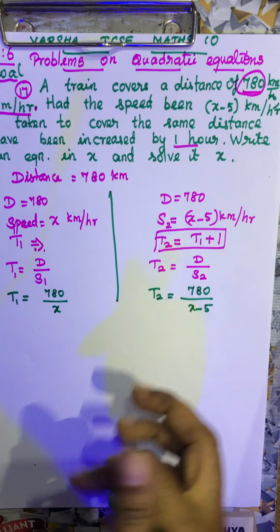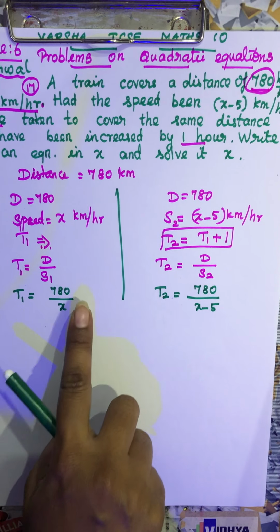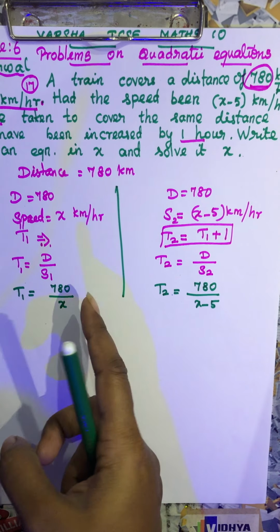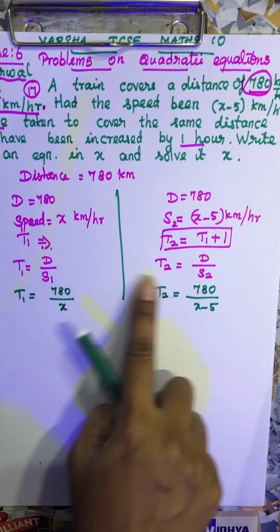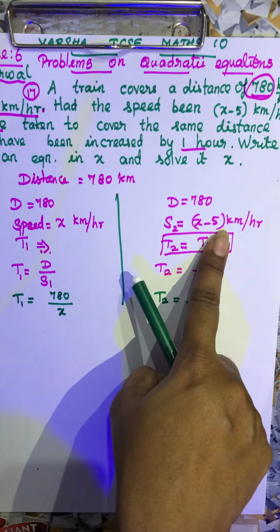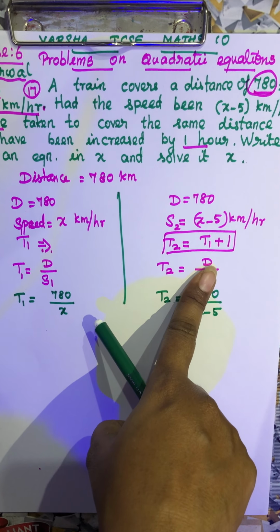So these are the two things. You have to visualize this and know the clear concept. Distance is not changed, speed is changed by 5, and time is increased by 1 hour.